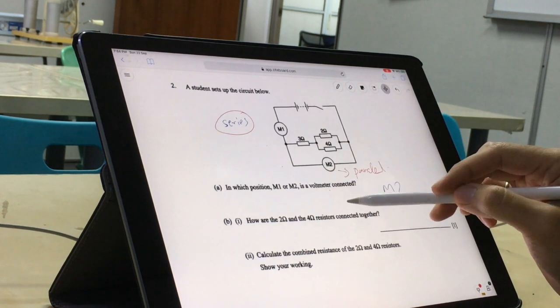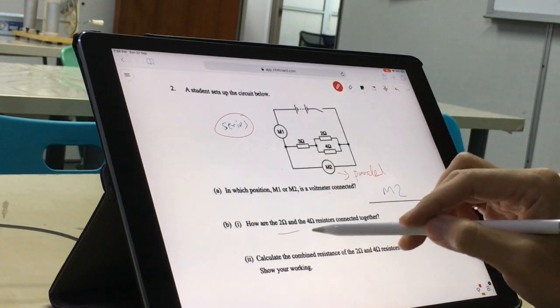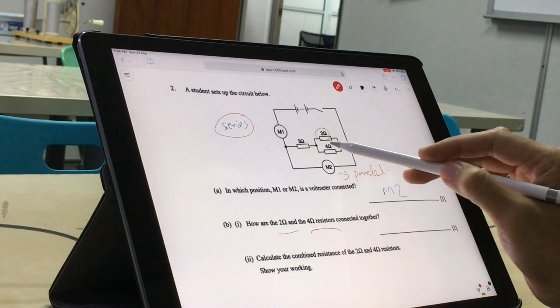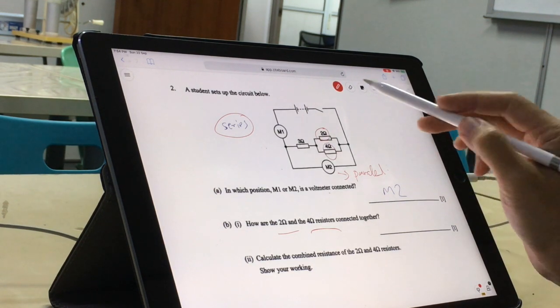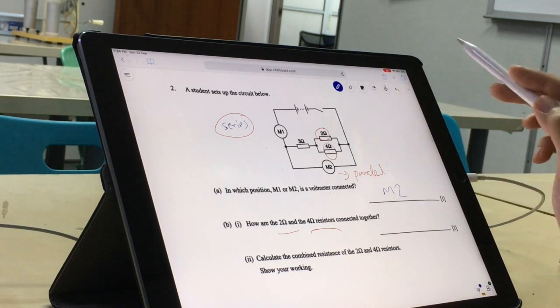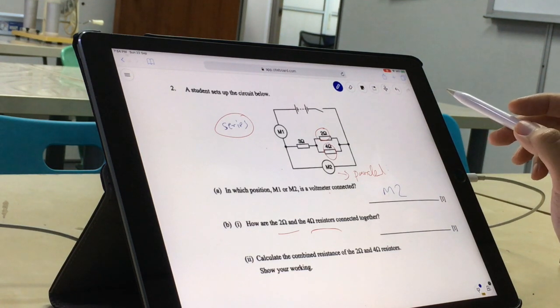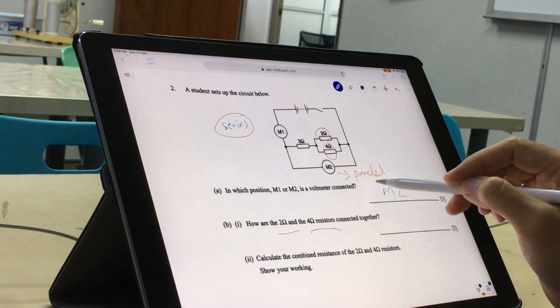The next question is, how are the 2 and 4 ohm resistors connected? I thought a voltmeter is to measure parallel. Yeah, correct. So M2 is parallel.